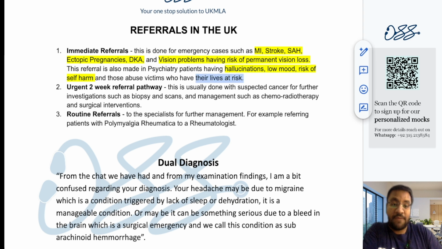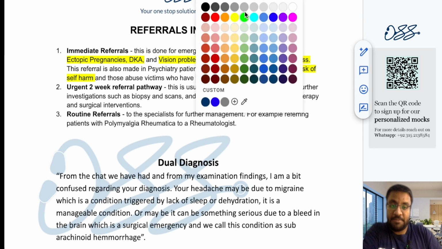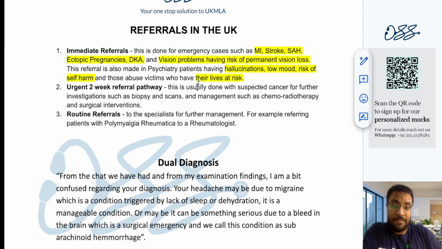For example, a domestic abuse patient, a woman getting abused by her partner. You cannot just send that patient home, because you know that inside the home it's not safe for her. The partner may abuse her again, and it may lead to loss of her life as well. So these patients need to be identified, and admission needs to be offered for their safety.